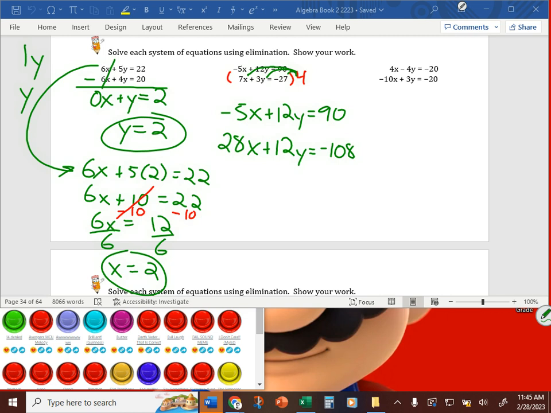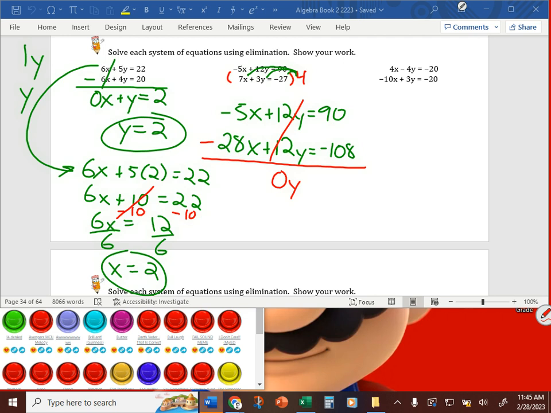Okay. Now that I'm here, what operation am I going to be doing to these equations to get 12y and 12y to be 0y? Adding 12y and 12y or subtracting? Subtracting again. Okay? 12y minus 12y equals 0y, or 0y. Right? They cancel out.